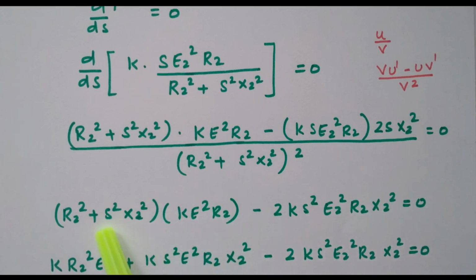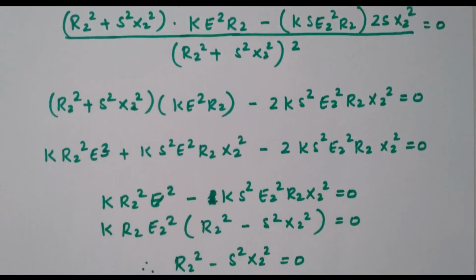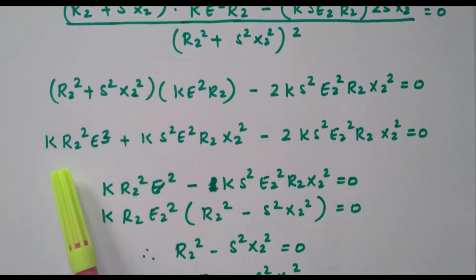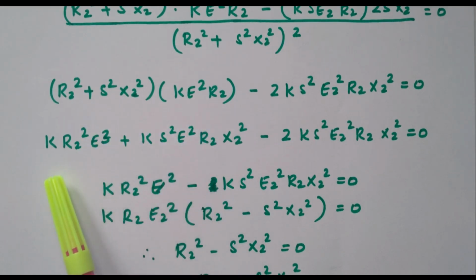Now we will multiply this term. There are two terms available, so we can go for further simplification. While multiplying here, k r2 square e cube plus, here already one e is there, so it becomes e cube plus k s square e2 r2 into x2 square minus this term 2 k s square e2 square r2 into x2, right?